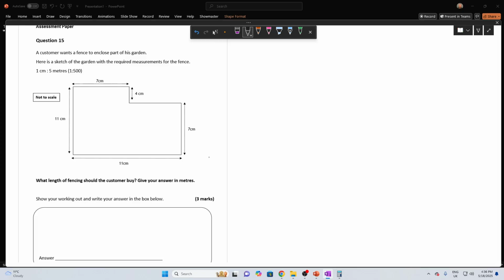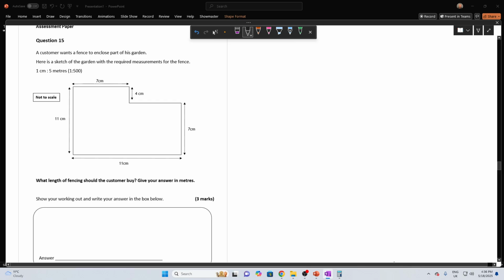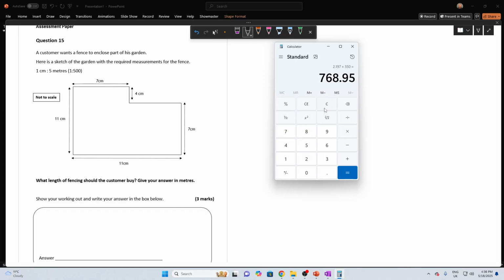How do we find the perimeter? We need to add them up. So we're going to have 7, then 4, then 7, 11, and 11, which is going to be 40.